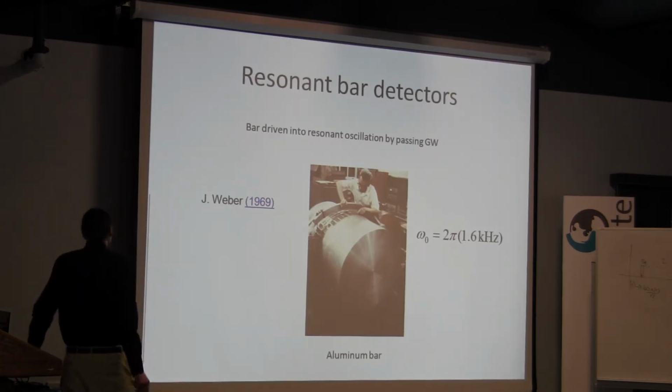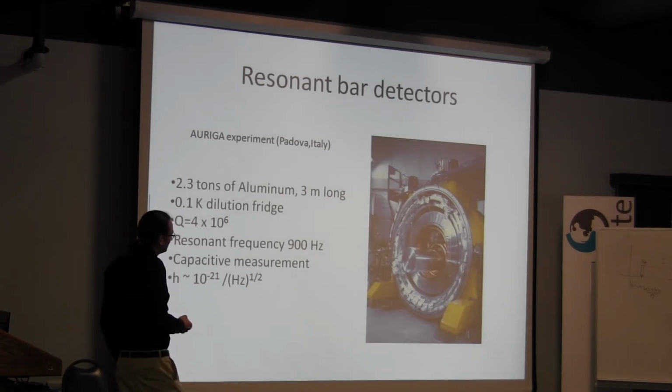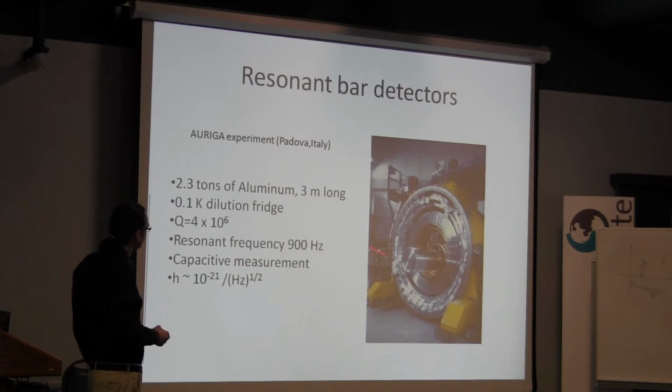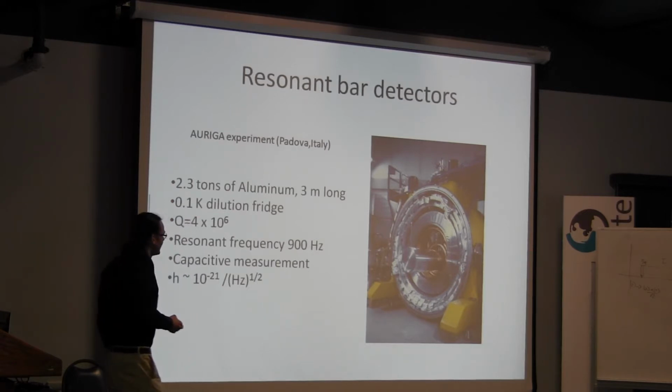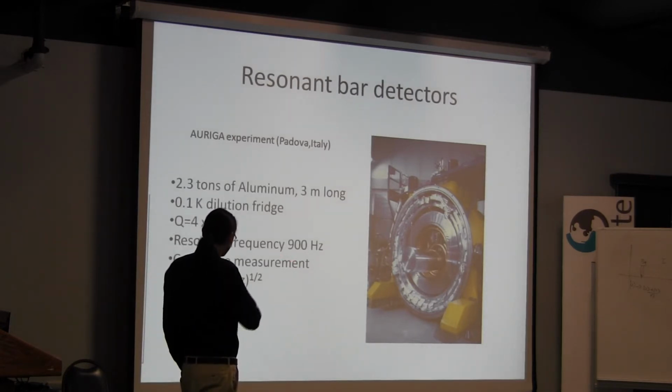In modern times, there are still detectors of this kind operating around the world. This is just an example of one of them. This is an experiment in Italy where they have almost 2.5 tons of aluminum and a 3-meter long bar sitting in a dilution fridge at 0.1 Kelvin with a Q factor above 10 to the 6, and a resonant frequency of 900 hertz.